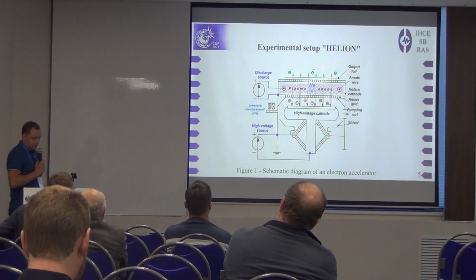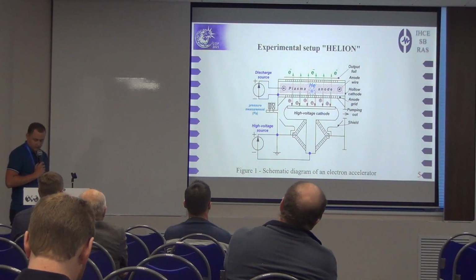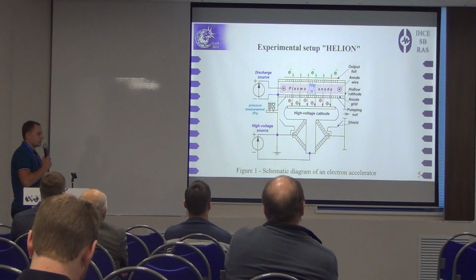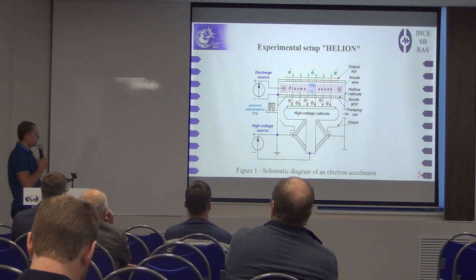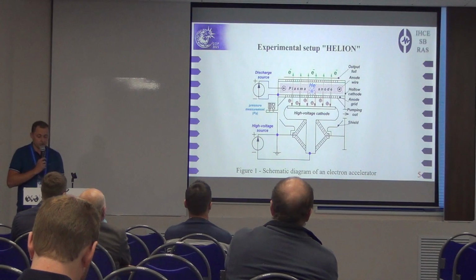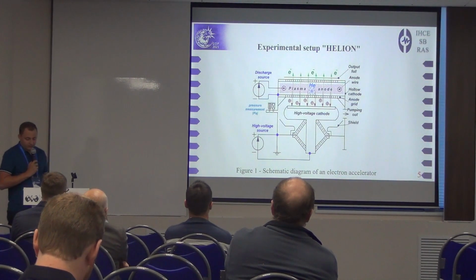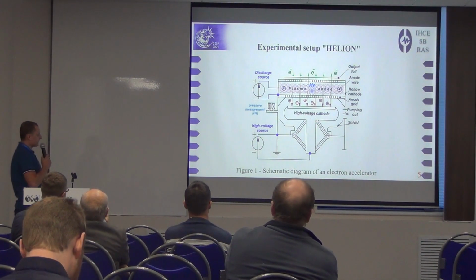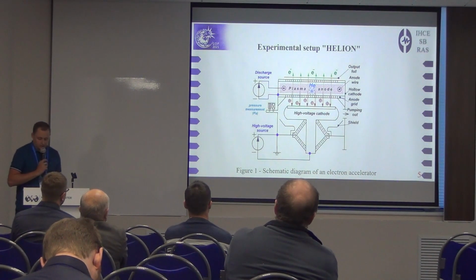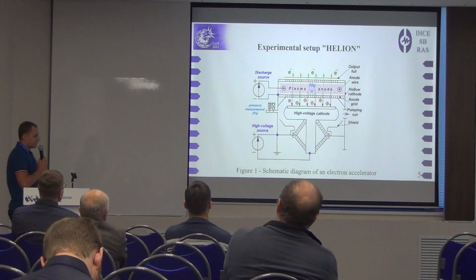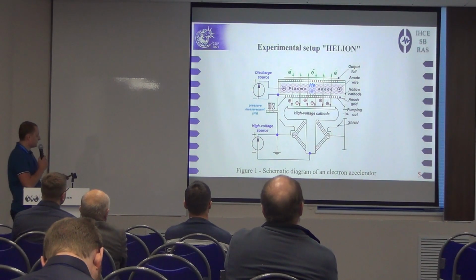Ions are extracted from the boundary of the emission plasma, accelerating in the accelerating gap, and bombard the high-voltage cathode. Then electrons appear, accelerate in the accelerating gap and are output into the atmosphere through a thin metal foil.